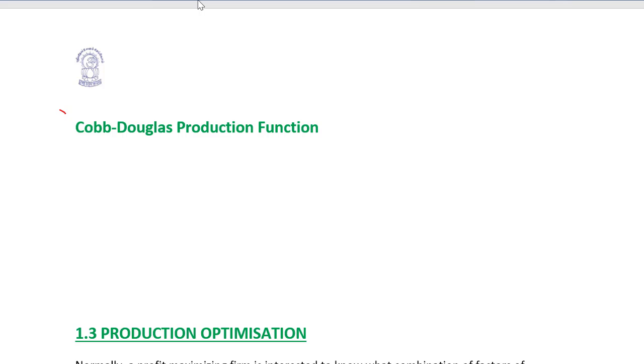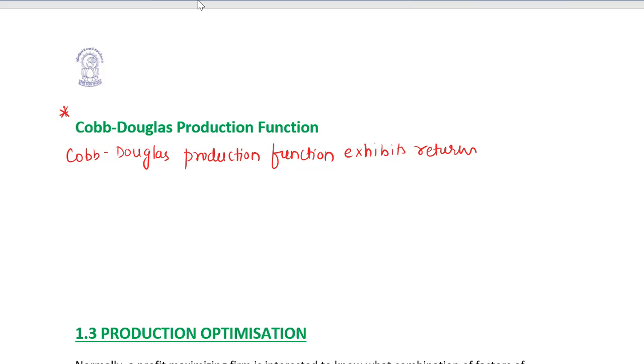The next point is Cobb-Douglas production function. We have done it in short, but write some notes in relation to this. Cobb-Douglas production function exhibits returns to scale in production.